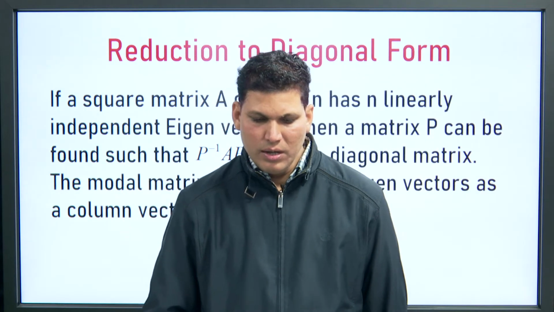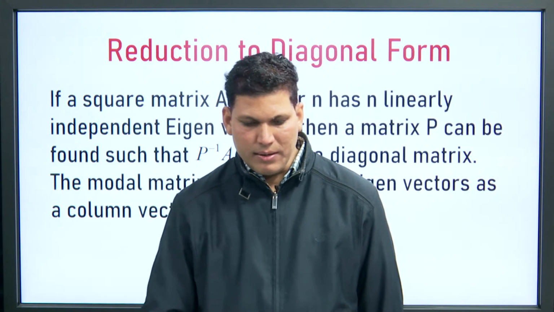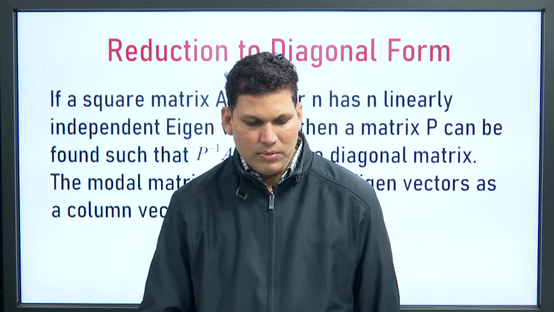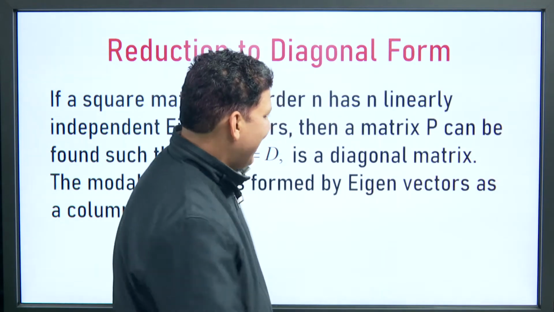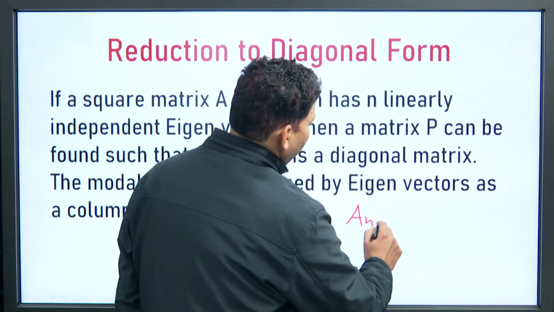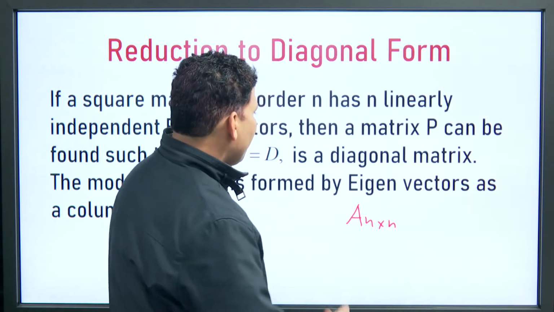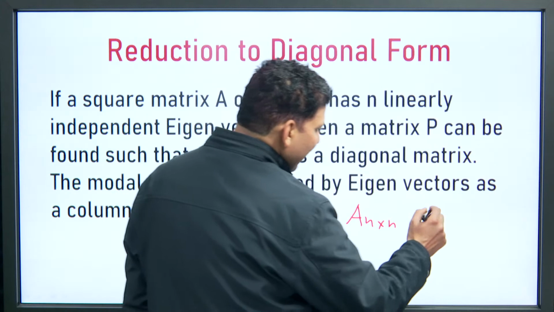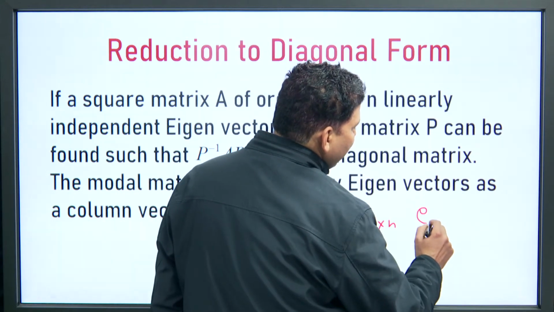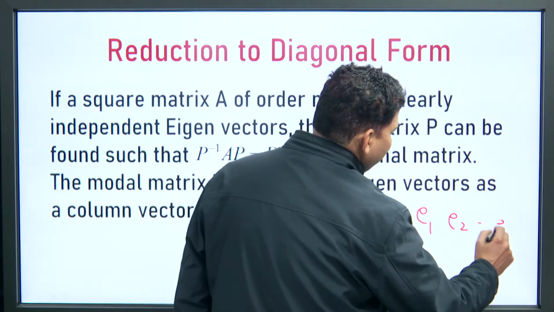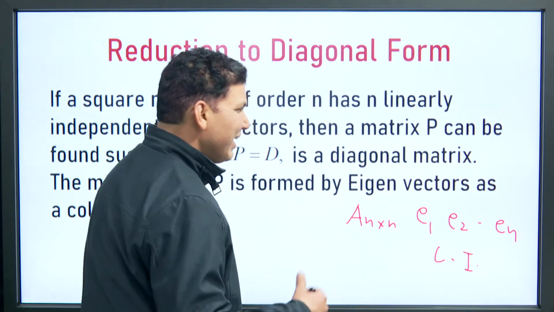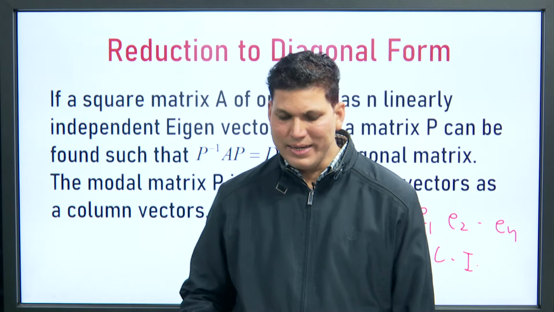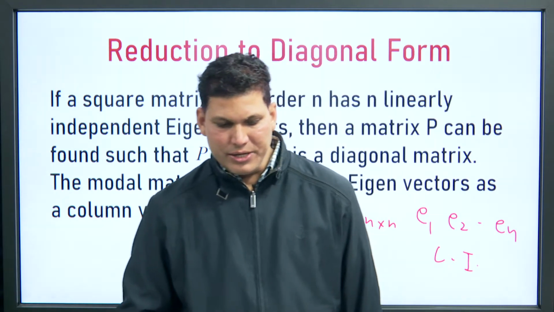So how do we reduce a particular matrix into diagonal form? Suppose we have a square matrix of order n cross n, and suppose it has n linearly independent eigenvectors E1, E2 up to En. Then necessarily this matrix will be diagonalizable.